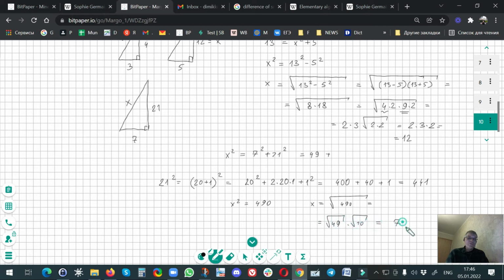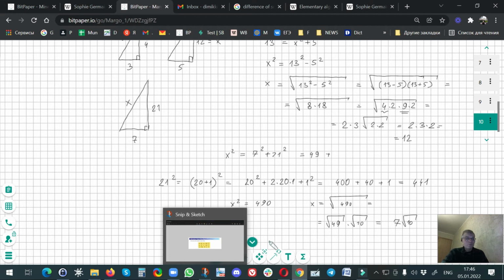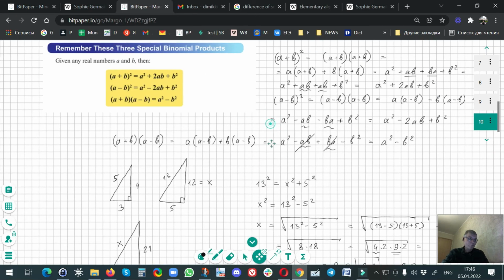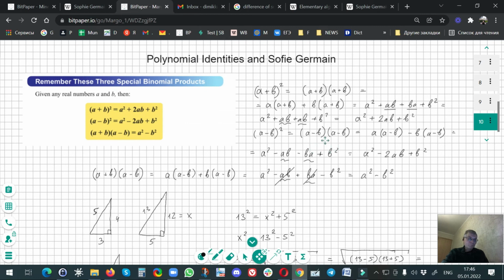And this is 7 square roots of 10. That's it. Nothing else. Okay. I'll have to study Pythagorean triples next time. That was not my actual goal.